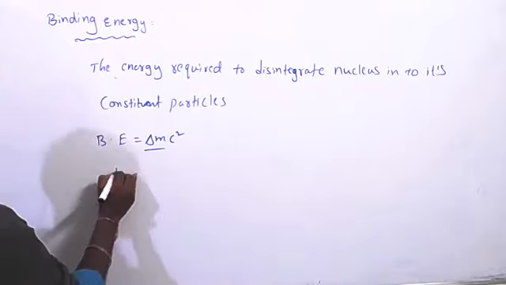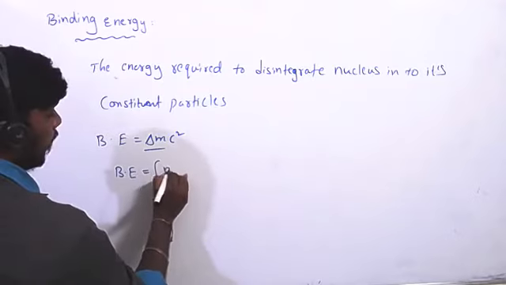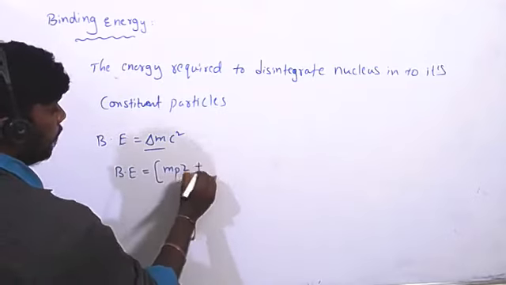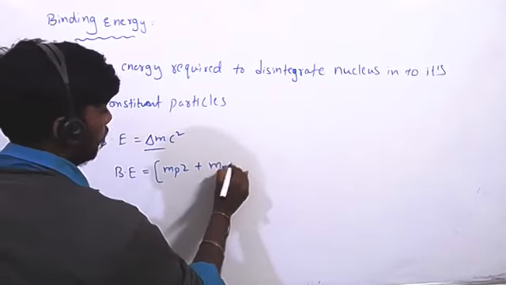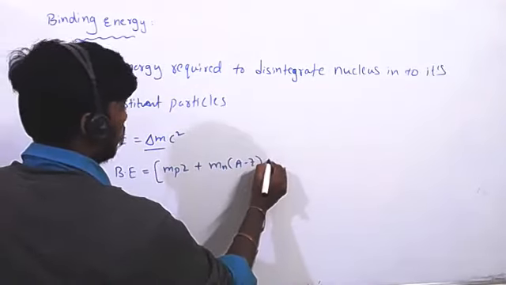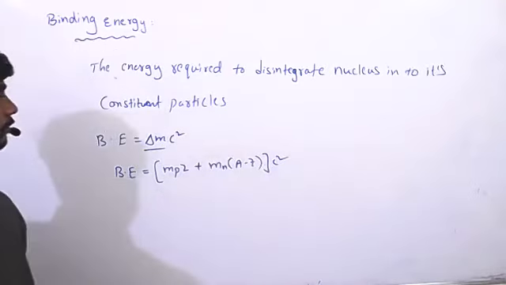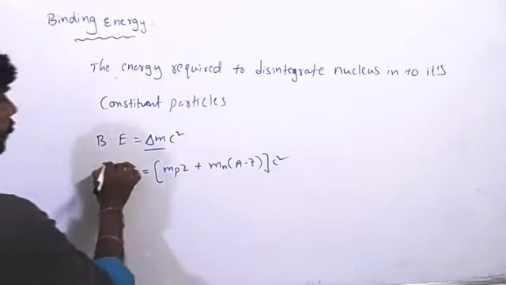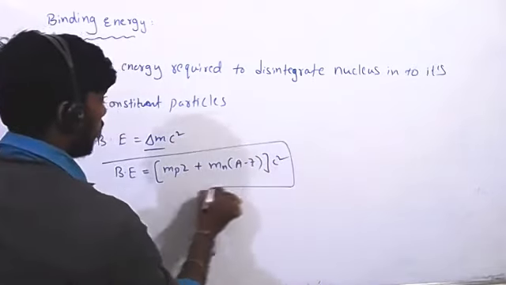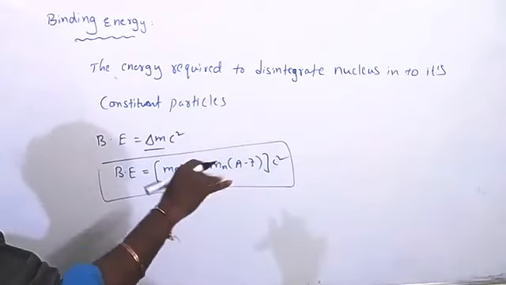So binding energy equals delta m, which we know is Z Mp plus Mn (A minus Z) minus M, times c square. It is nothing but the energy required to break the nucleus into its constituent particles.